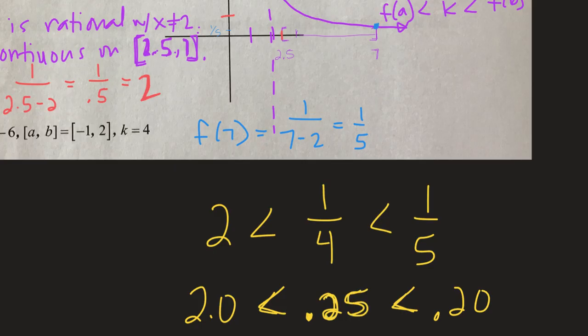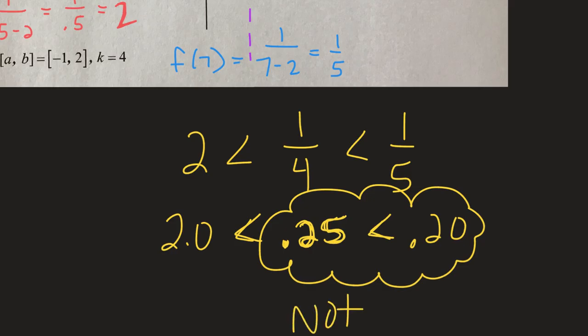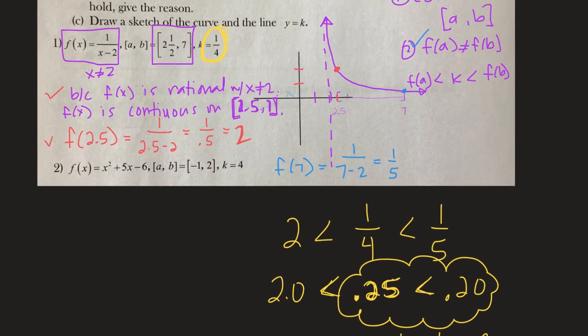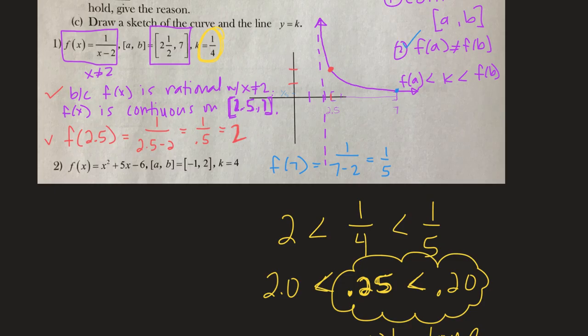Is 25 cents less than 20 cents? No, this is not true, which means that 1/4 will not necessarily be in this interval. So we cannot use the IVT to say that there will be a y value of 1/4 on this interval.